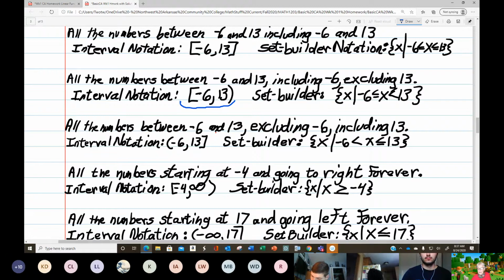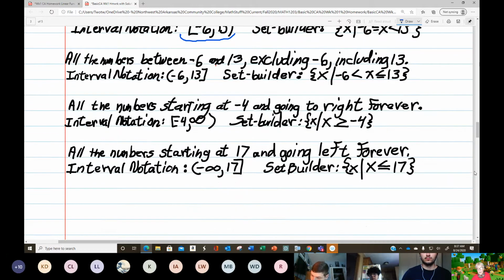Now, on the other hand, there's set builder notation, which is a little more down to earth. And what it says is what this says, this one right here: that x starts at -4 and goes to the right forever. Here we have x and an arrow pointed to the right and an equal sign because x can equal -4.